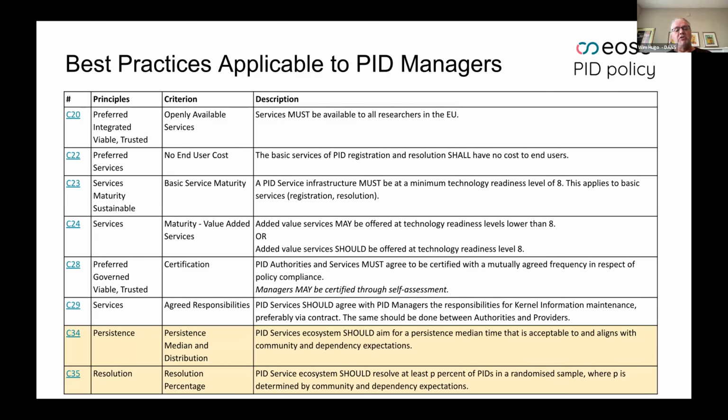So we need to also make sure that we measure these persistence and resolution metrics with the appropriate scope and with large enough samples to be believable. So one of the sources of best practices, and we'll go into that in quite a bit more detail in our breakout session, as it applies to managers, are these elements or criteria that come from the PID policy.